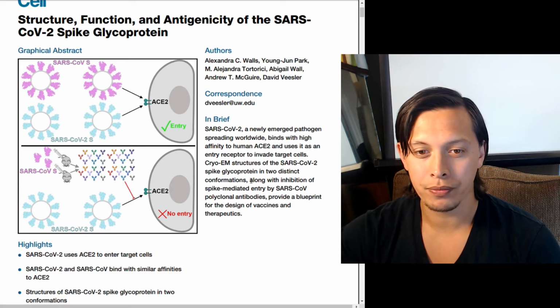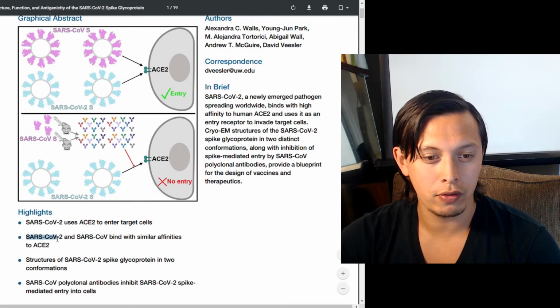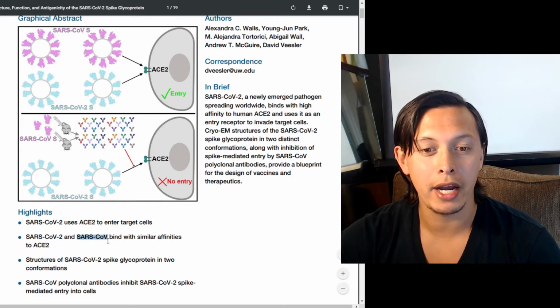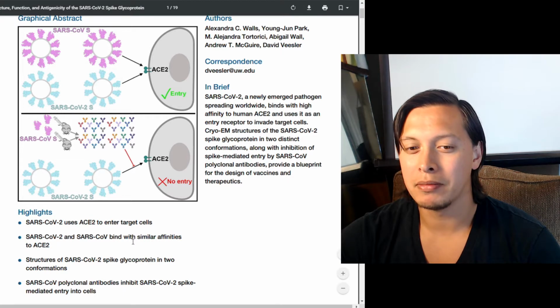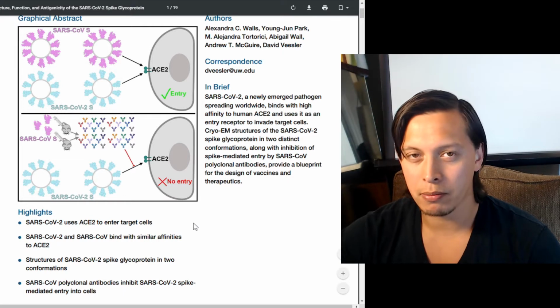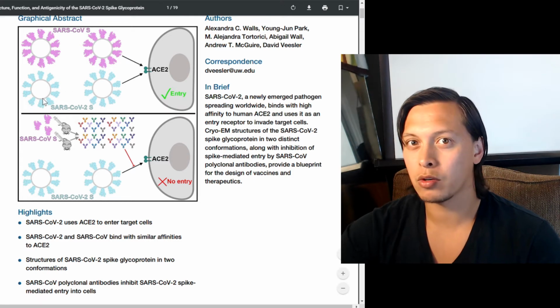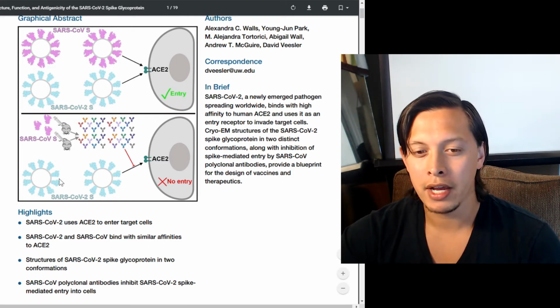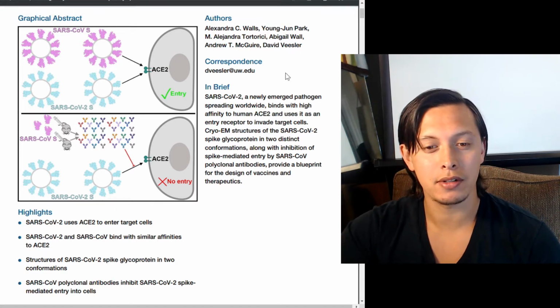SARS-CoV-2 and SARS-CoV bind with similar affinities to the ACE2 receptor. If you go into a little more detail in the paper, SARS-CoV-2 actually binds quite a bit more strongly, but similar meaning within the same order of magnitude, I would assume in this particular case.